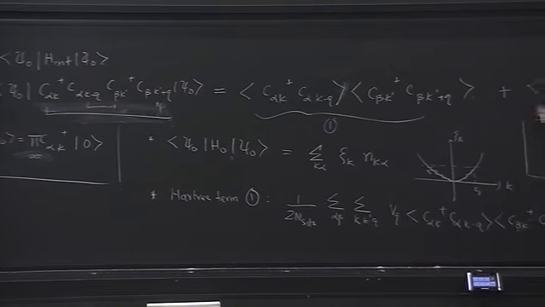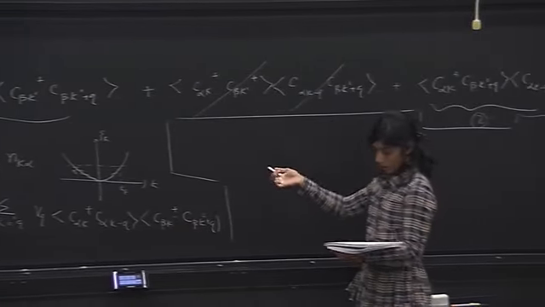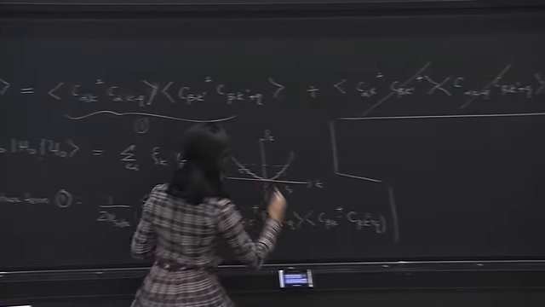Okay, so I just have rewritten this term in here. This is what I call term 1. It's called the Hartree term. So let's look at these two expectation values here.